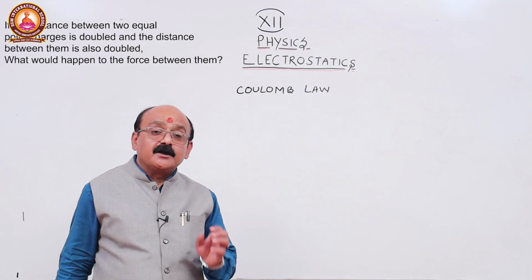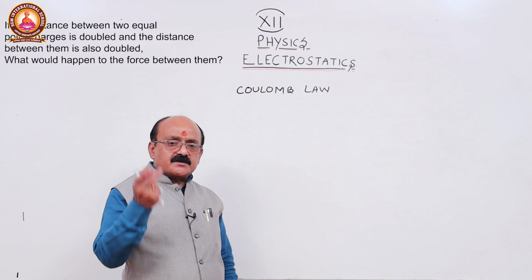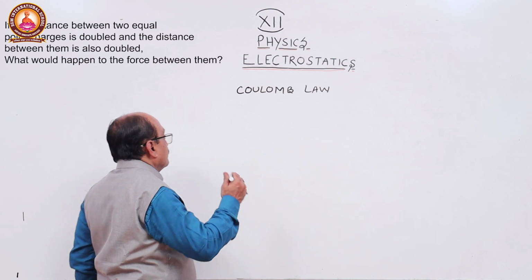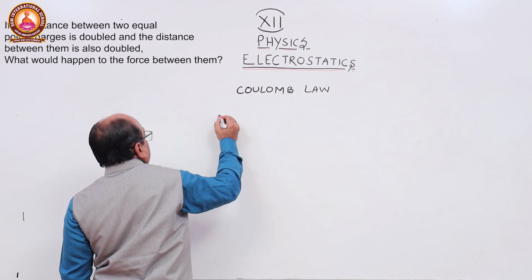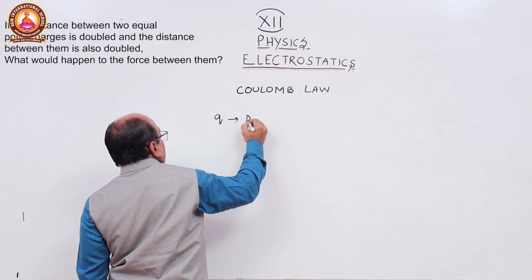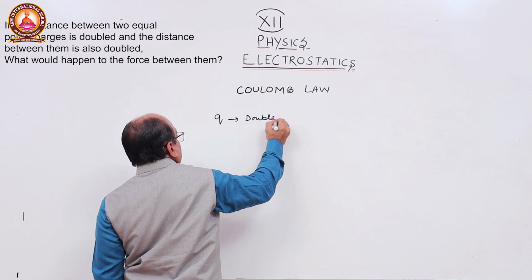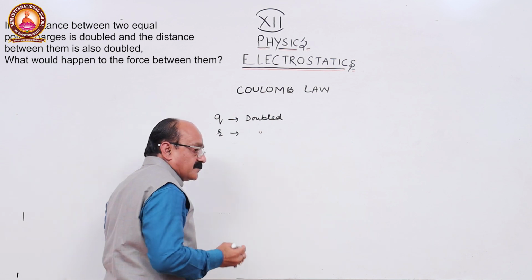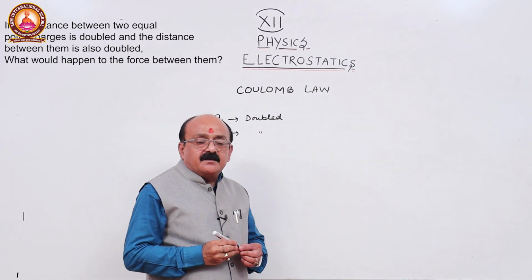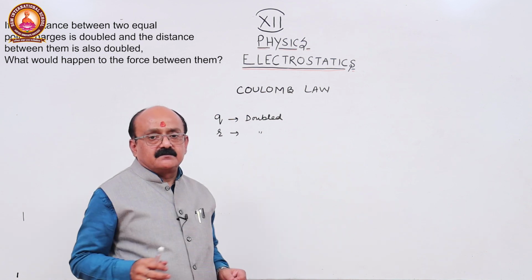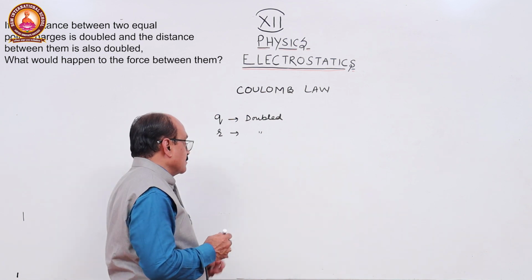Now comes numerical time. First numerical. If the two charges are doubled and their distance is also doubled, what will be the effect on the force acting between them? Let us find out.